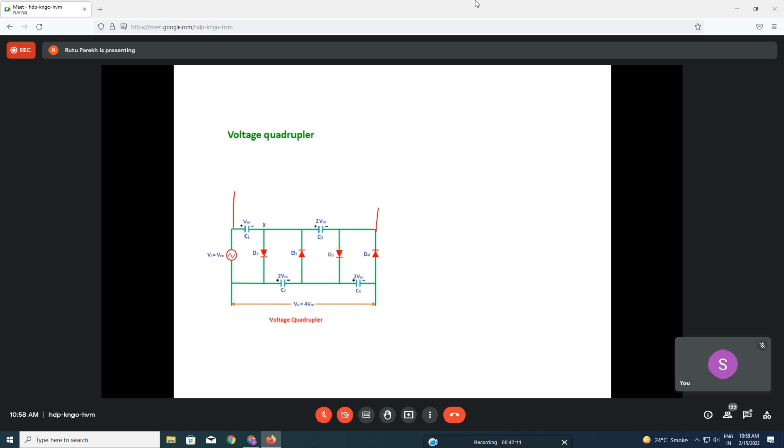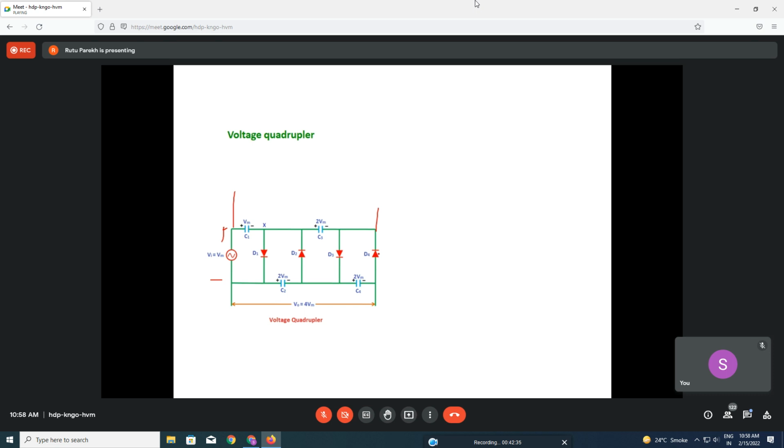Diodes D2 and D4 are reverse biased already because of the way they are connected. So the orientation is this negative and positive here, and I'm talking of the positive cycle in the second wave, okay?